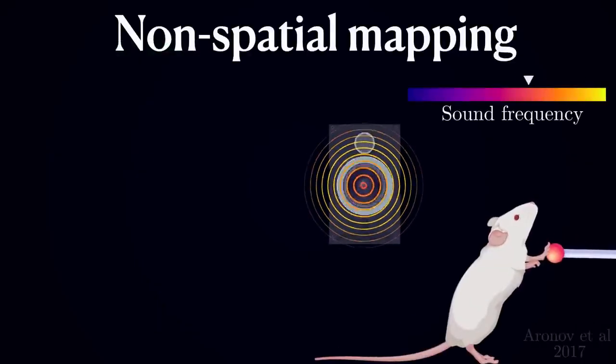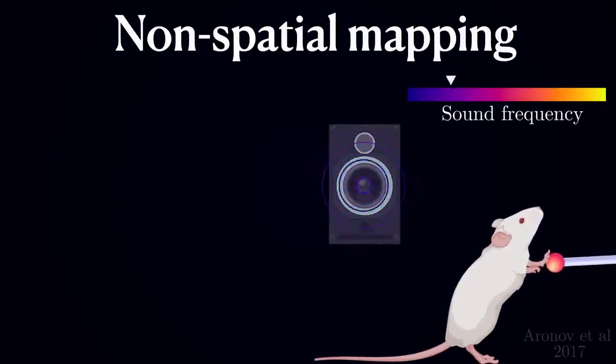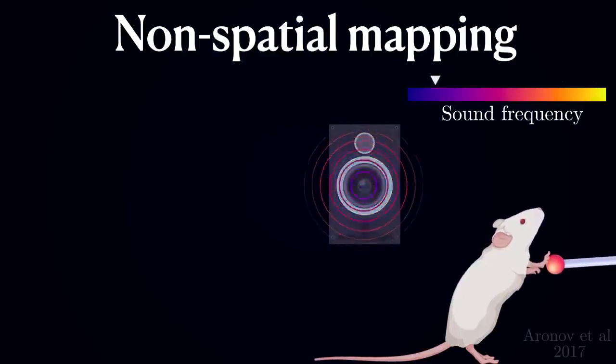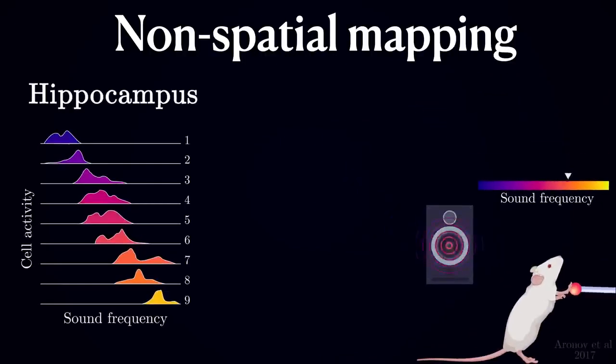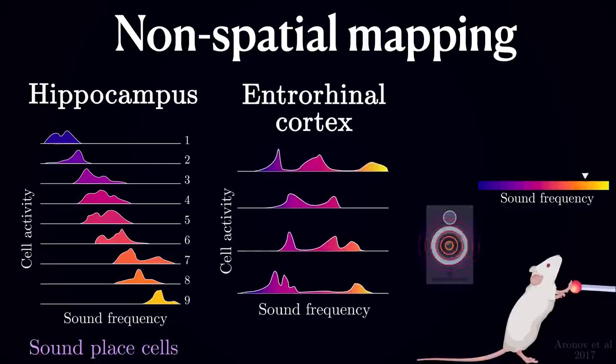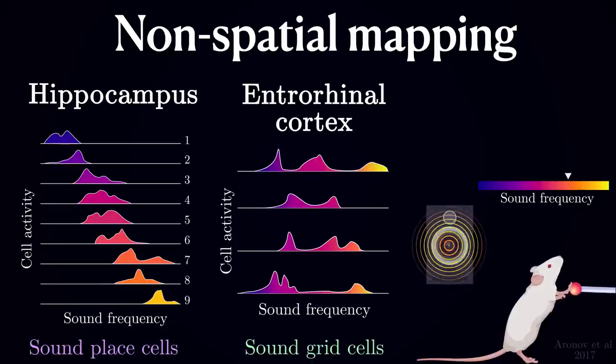For example, if you train a rat to press a lever adjusting the frequency of the sound, you'll see that certain neurons in the hippocampus become selective to a particular frequency range, like a conventional place cell, but in the one-dimensional space of sound frequencies. Neurons in the entorhinal cortex also develop a frequency-dependent pattern of activity, but which is periodic, resembling grid cells that were squished to the one dimension of the frequency space.